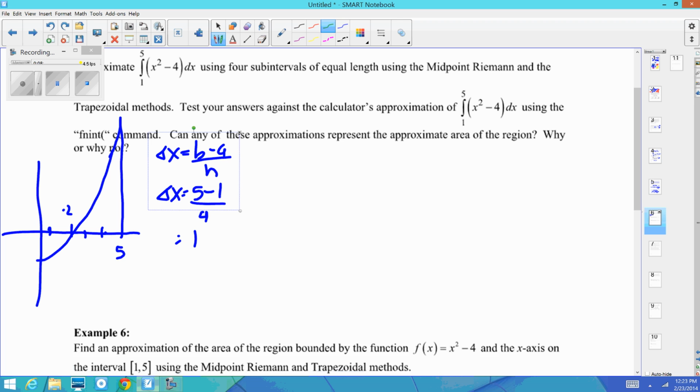So not too bad. All right, now we're using a midpoint approximation first. And we're doing this area and this area. All right, so midpoint Riemann sums. We're going to take the midpoint value.